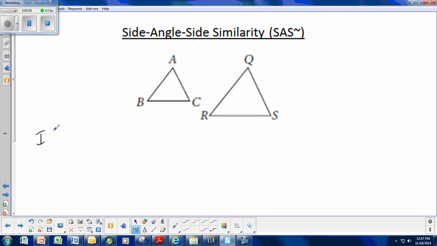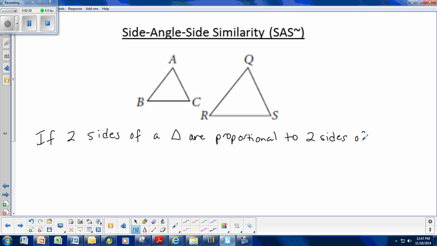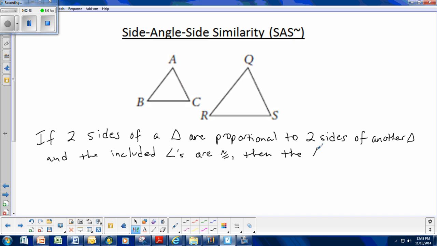And this states if two sides of a triangle are proportional to two sides of another triangle, and the included angles are congruent, then triangles are similar.